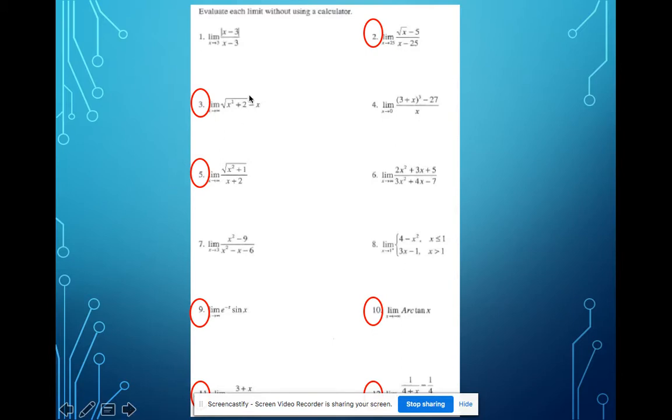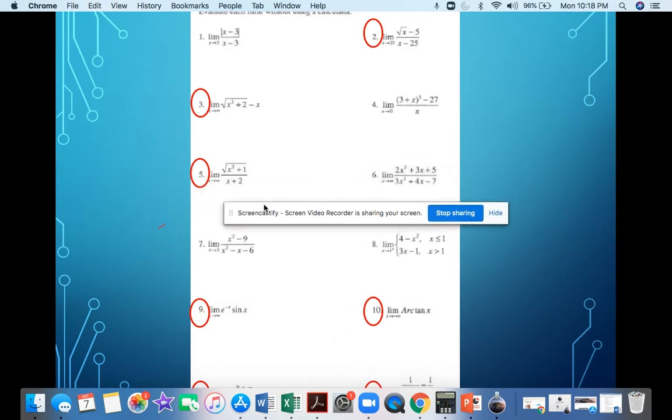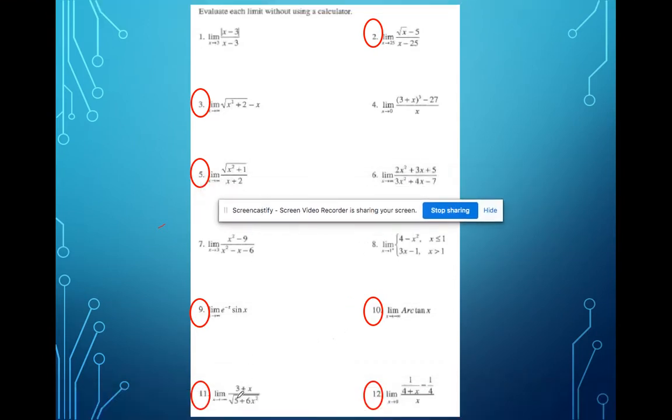All right, on the back, here are some more limit problems. I'm going to leave number 2 for a little bit because I want to highlight that these problems, 3, 4, 5, are all end behavior problems.